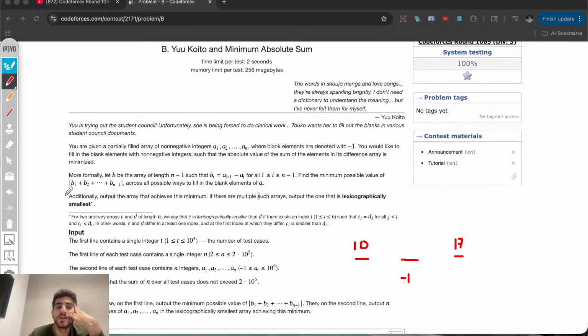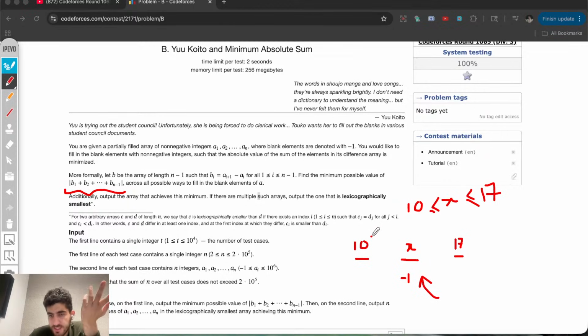If I want to minimize the sum of this difference array, I should definitely put an x here such that x is between 10 and 17. If I put anything between 10 and 17, by inserting x here, the sum of this difference array would not change. Because initially this and this have difference 7, then if I put some x between 10 and 17, for example 13, then I will have 3 here and 4 here.